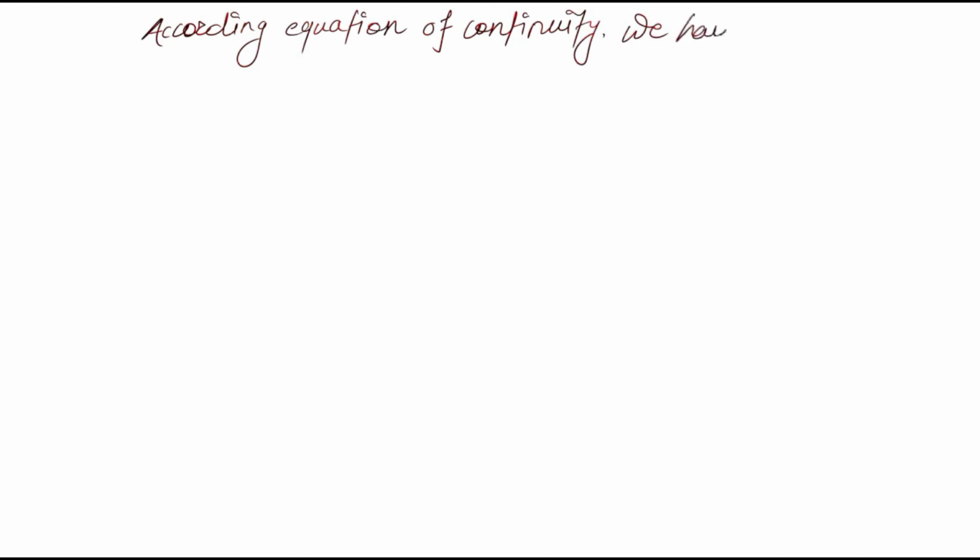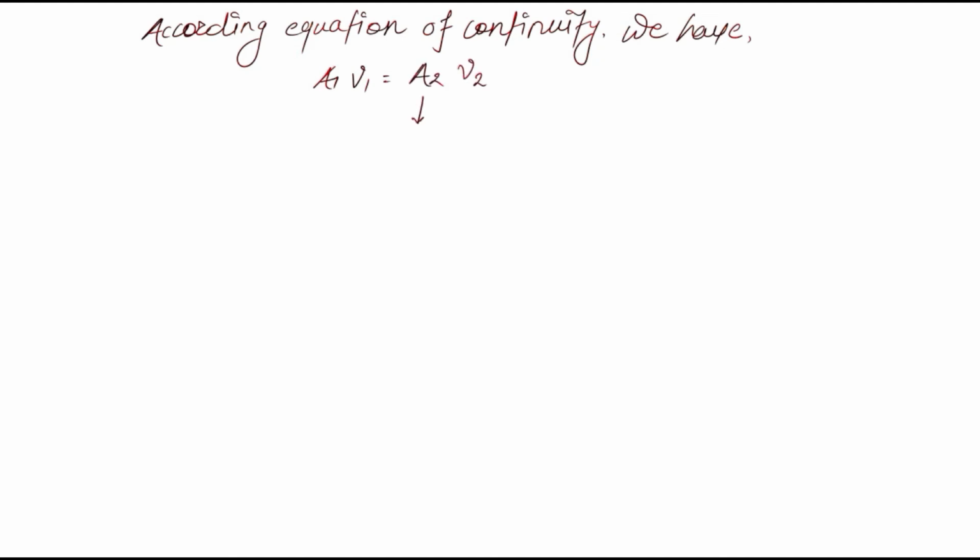So all we have, that is A1, V1, A2, and we are going to find V2. According to the equation of continuity, we have A1 V1 is equal to A2 V2.